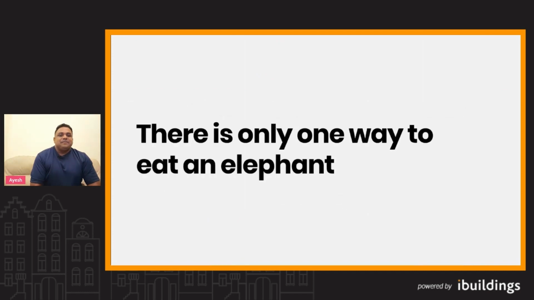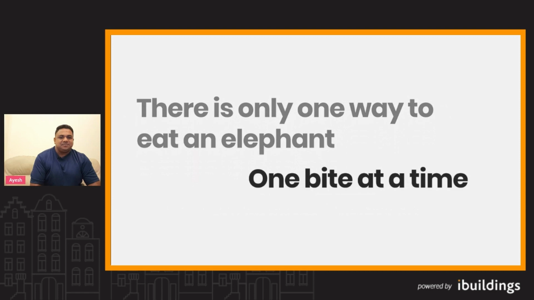There's a saying that there's only one way to eat an elephant: one bite at a time. This is from the late Archbishop Desmond Tutu. It's general life advice that when something feels overwhelming, or when a task feels so big to start, you start anyway, and then you take small steps, one bite at a time.